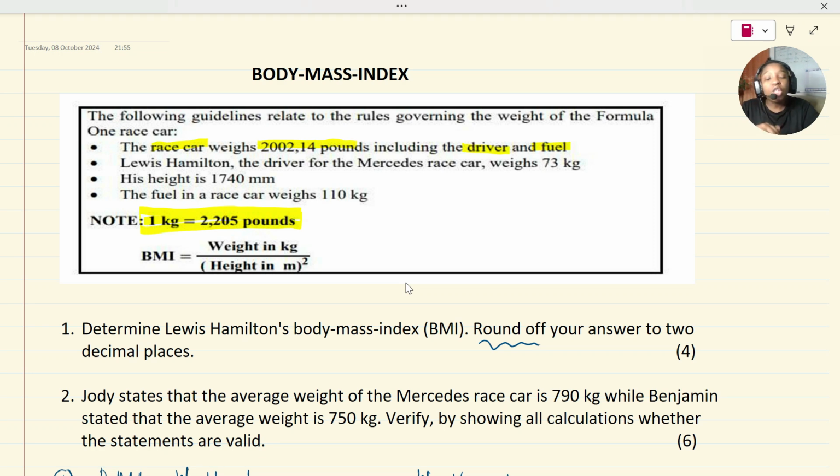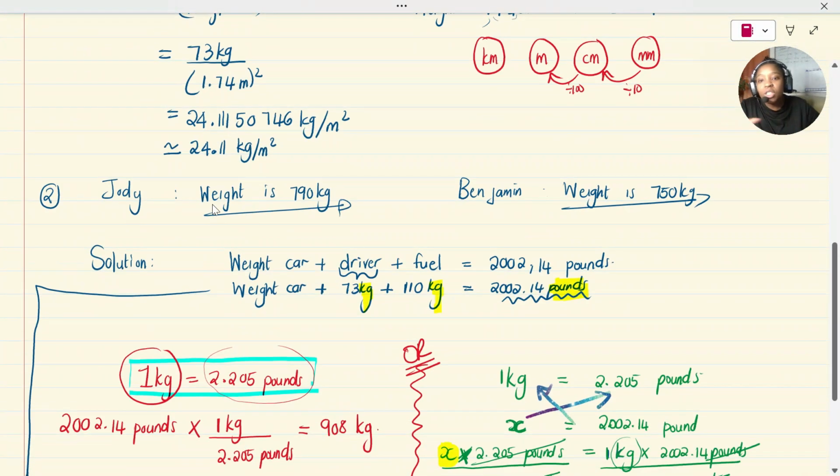Okay, and then with the last question, right, if you're given the total weight of the car plus the driver plus the fuel in pounds, okay, first thing that we need to do is convert that value from pounds to kilograms so that we are able to work with our values in the same units. Okay, and then all that we needed to do there, we just substituted.